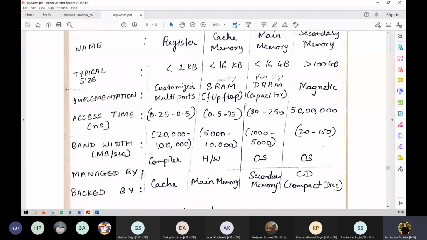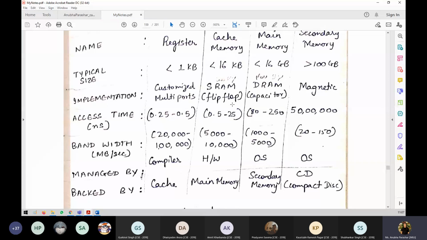Next, implementation. There are multi-ports, customized multi-ports. Multi-ports means, when we integrate a circuit, we use different types of ICs. In this, registers are pre-built, so for registers, multiple ports to the ALU are already assigned so that the data can be directly fetched from these registers.